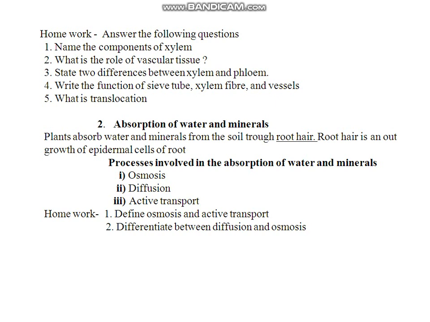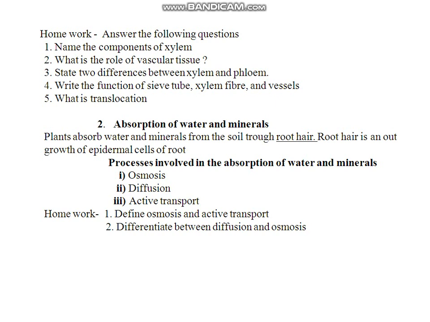Question number 2, what is the role of vascular tissue? You have to start the answer in this way. Vascular tissue consists of, there are 2 types of vascular tissue, that is xylem and phloem, and you must write their answer from the book, or you can write the answer from here also. It is given very nicely in the book also.